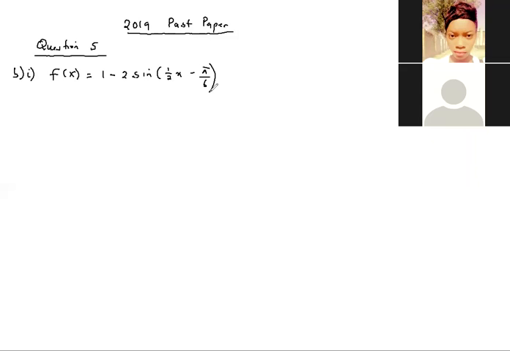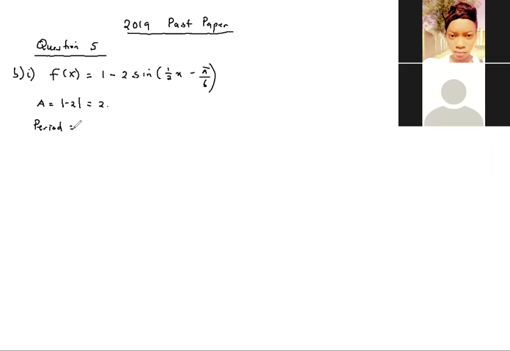So you start with finding the mentioned properties. 1, the amplitude. This is the modulus of -2, which is 2. 2, the period.